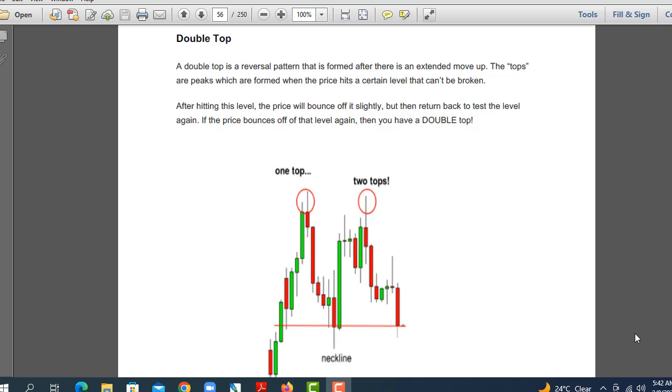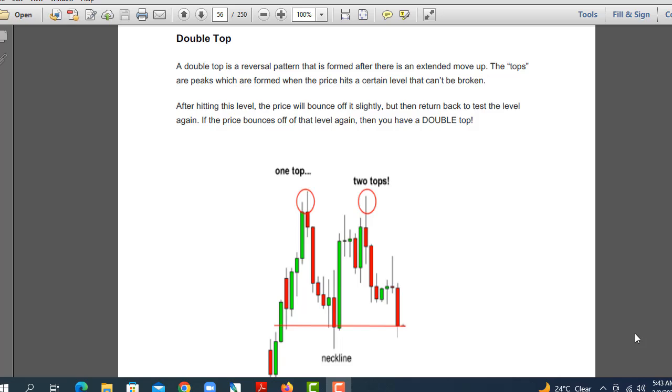For example, you don't want to be caught up in a market that was going in the downward direction and suddenly swings back and we have an uptrend.